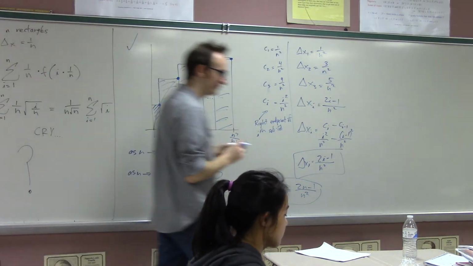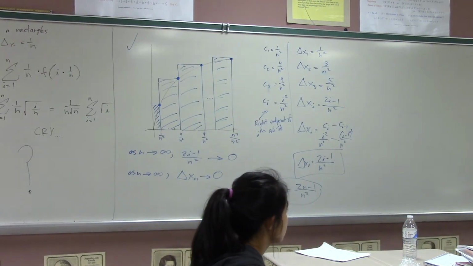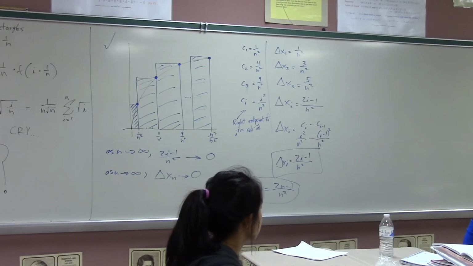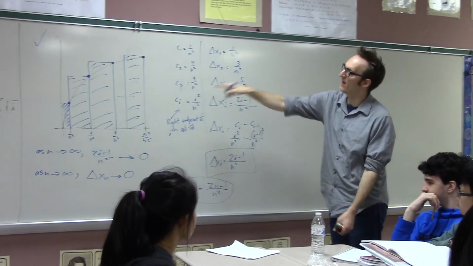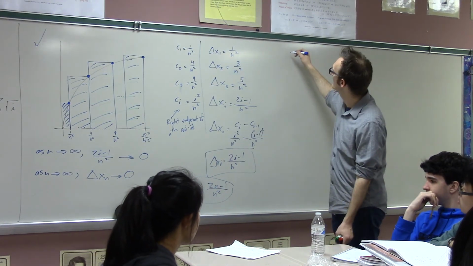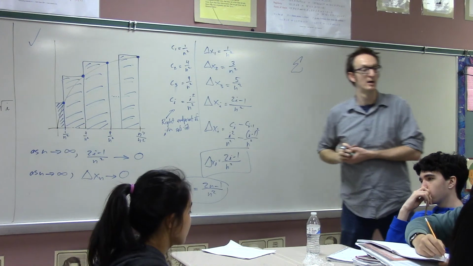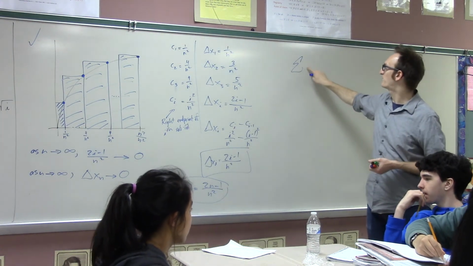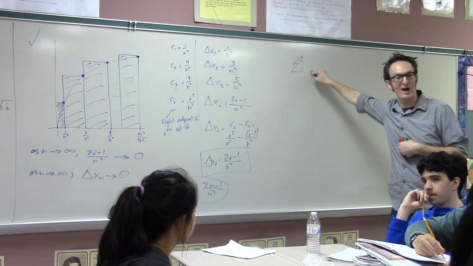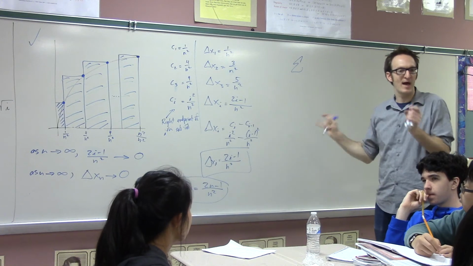And now, if you didn't appreciate this before, you will now. What is the beauty of having set it up this way? Well, now when I go to find the area, I'm going to take the sum of the area of the ith rectangle. What's the area of the ith rectangle?